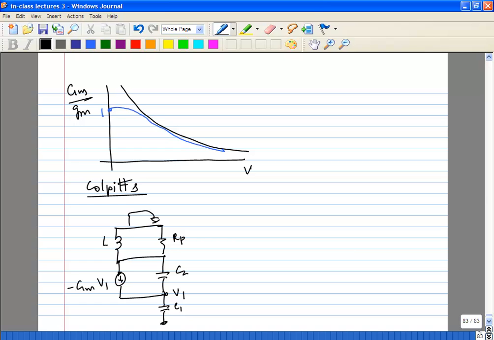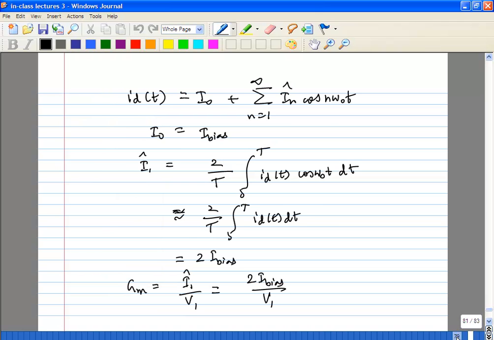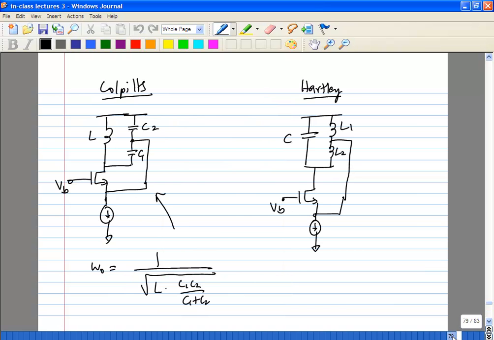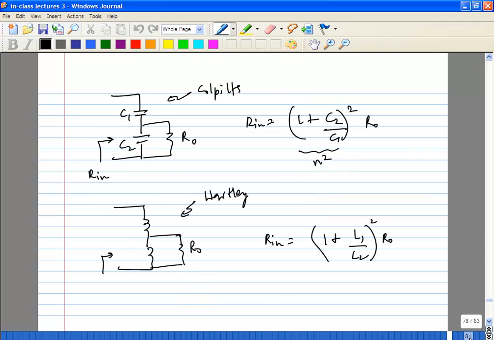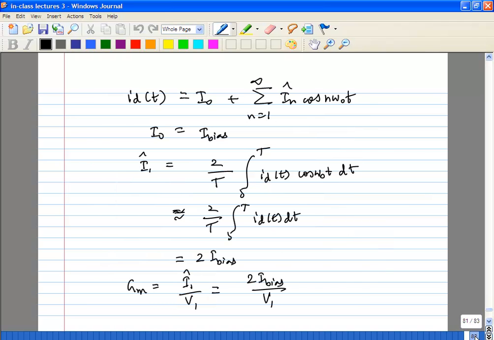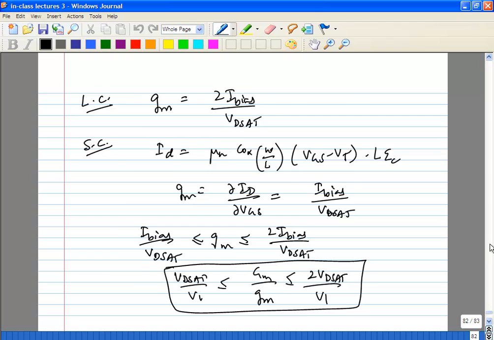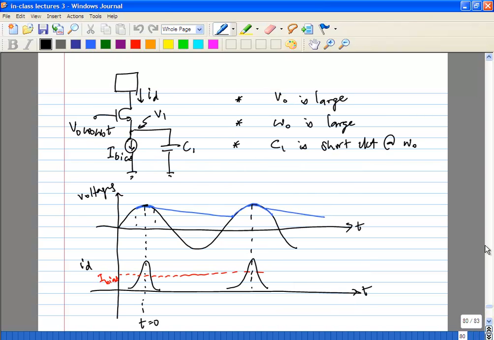Correct? Okay, what about this? Yes. That is the voltage at the gate.